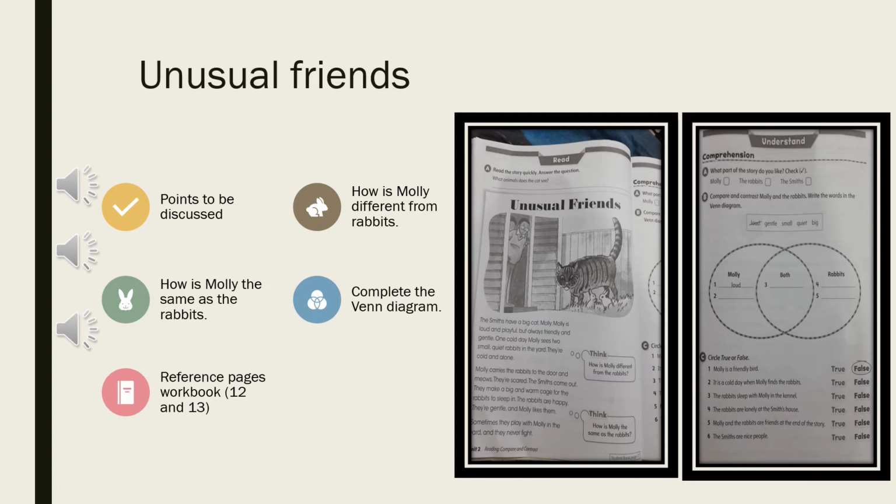No, false. Yes, they were lonely, but once they were at the Smith's house, they were not lonely anymore. Number 5, Molly and the rabbits are friends at the end of the story. True or false? Yes, true. The Smiths are nice people. Yes, true.